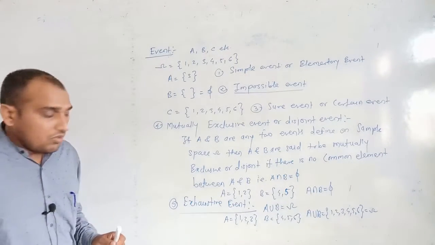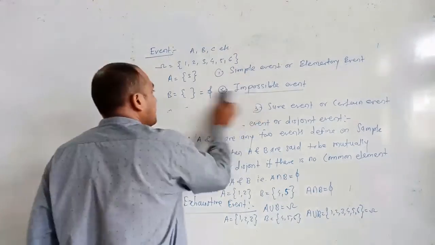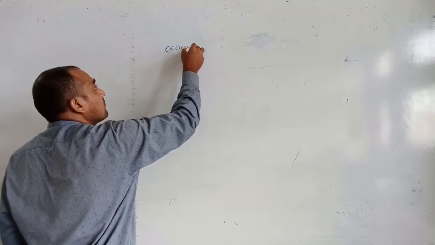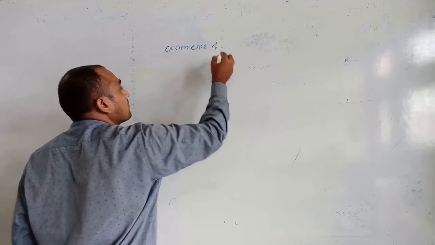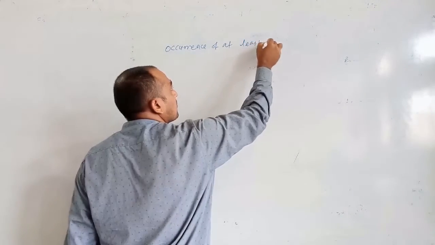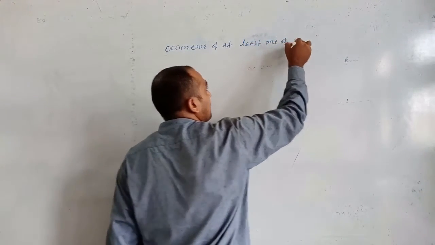Then there are some operations on events, which are: occurrence of at least one of the given events.